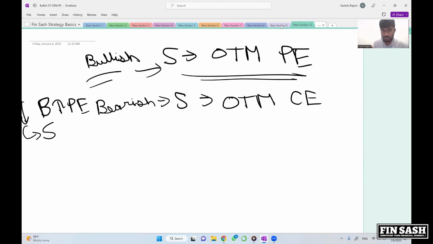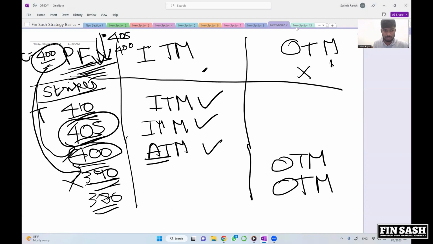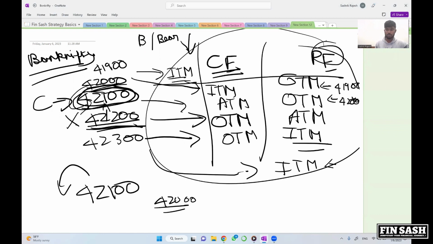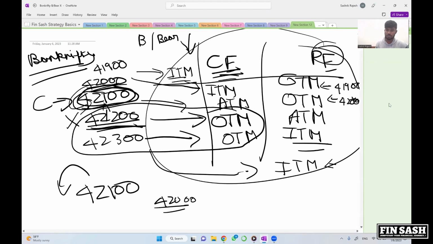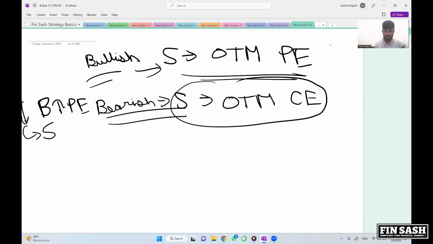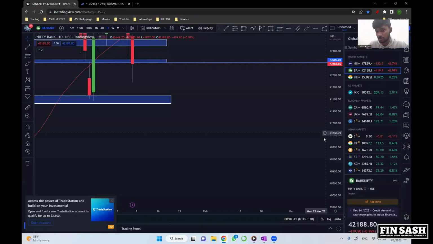So if you go back to the thing, what's an OTM? If you're bearish on the market, what are you going to do again? You're going to short a CE. So you're going to short one of these options, and if you're bullish, you're going to short one of these options. I'll just write that down. In the previous example, if you're bearish on the market, I'm going to short an out of the money option. So going back to the chart, let's see what's an out of the money option.